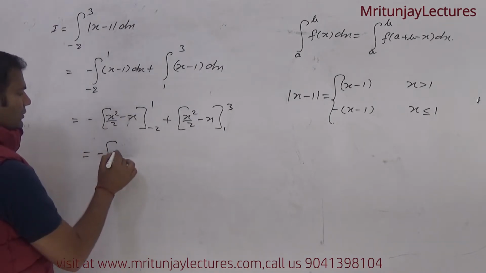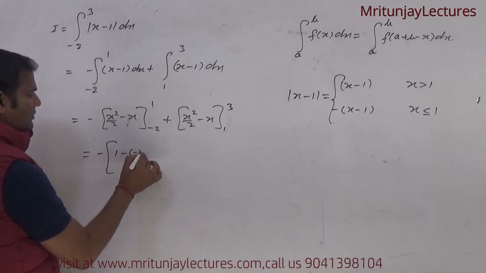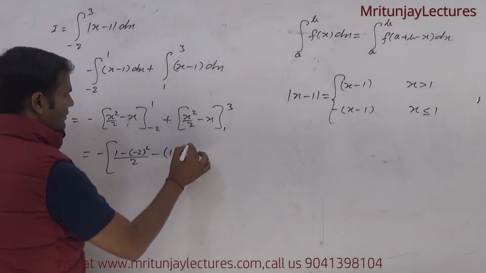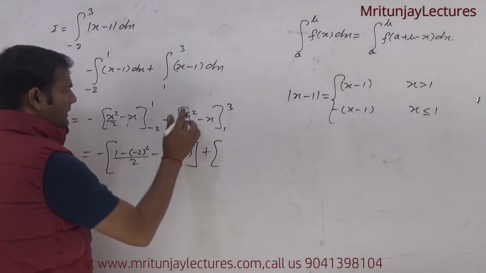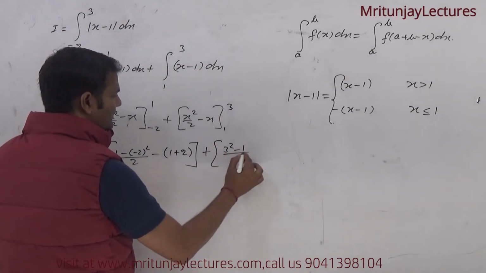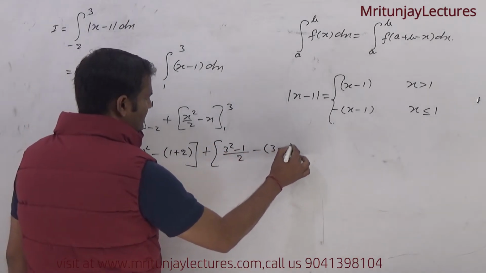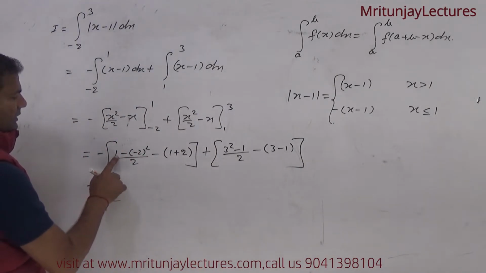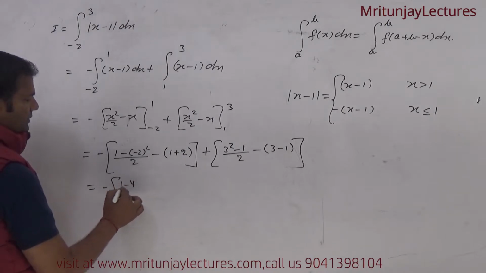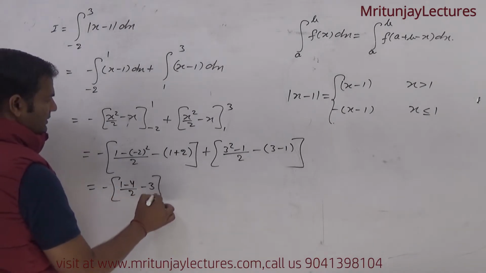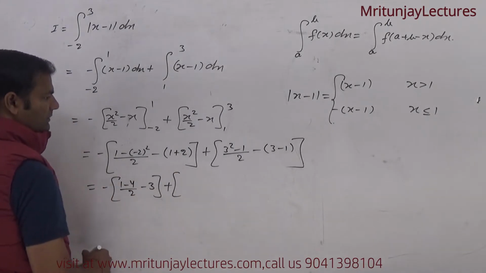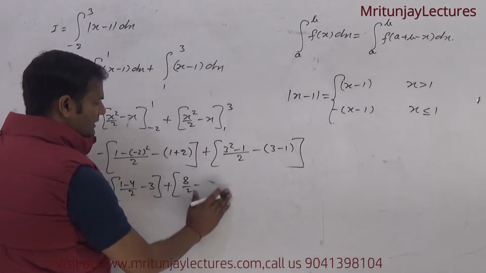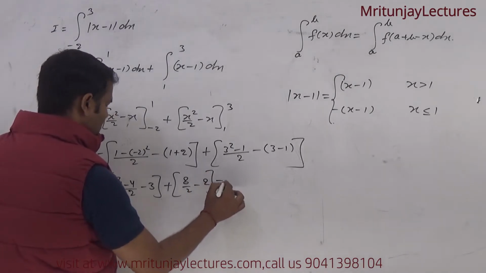So minus of (1 square minus (minus 2) whole square divided by 2 minus (1 minus (minus 2))) plus (3 square divided by 2 minus 3 minus (1 by 2 minus 1)). Now minus of ((1 minus 4) divided by 2 minus 3) plus (9 minus 1 is 8, 8 by 2 minus 2, that is 2).